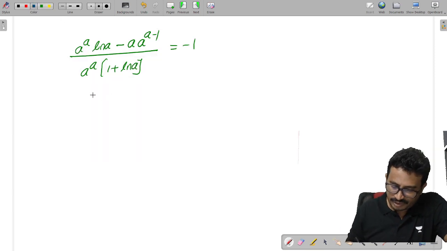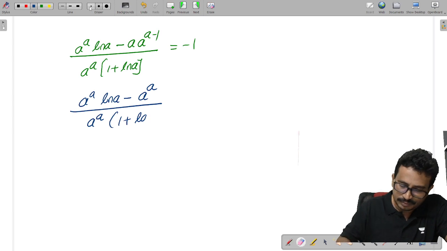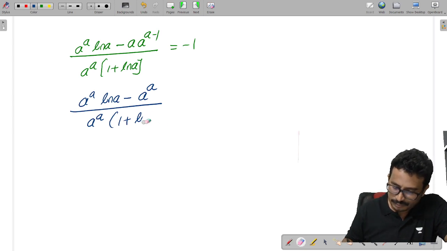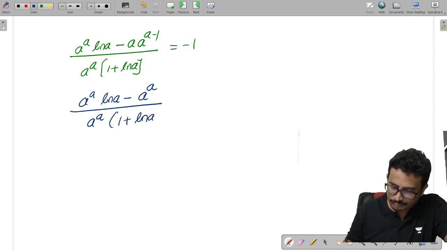Now let's simplify here. This is a power a into ln of a minus a power a by a power a into 1 plus ln of a, which is equal to minus 1.